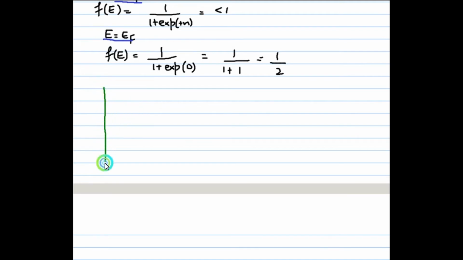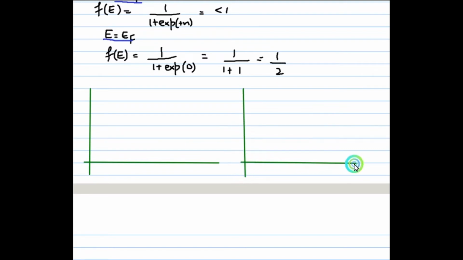So let me use a ruler. On one side I'll plot f of E, and on the other side I'll plot energy, right?